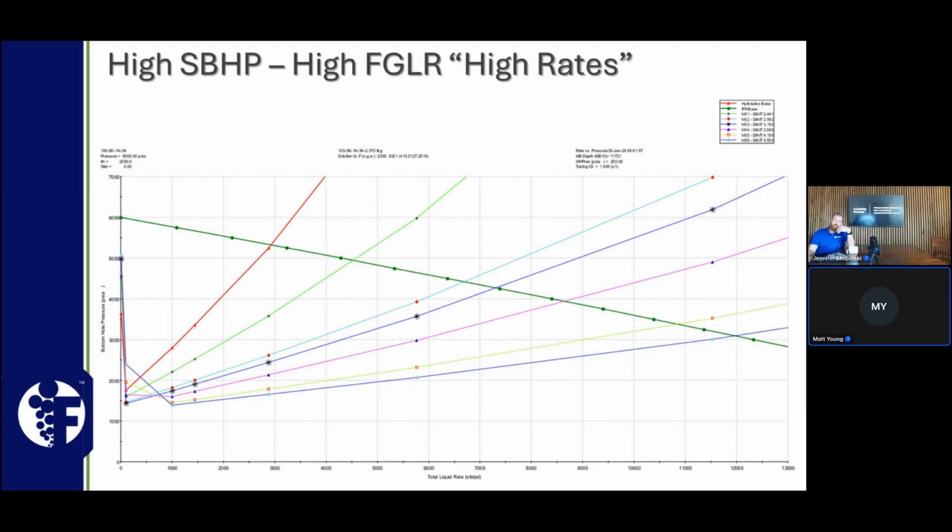So we had the high of everything: good reservoir pressure, good formation gas or total gas, and relatively high production rates. What we find here is that each of our hydraulic models, starting on the left in red and going all the way to the right in blue, was a change in flow area.